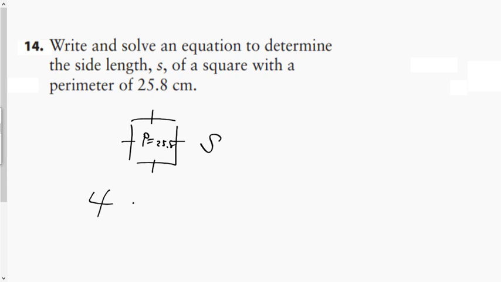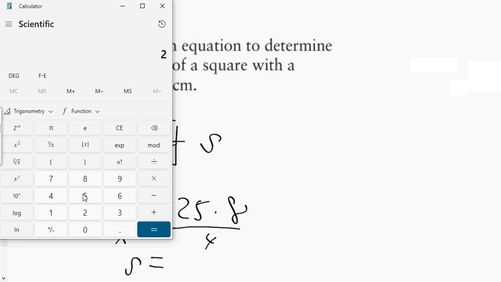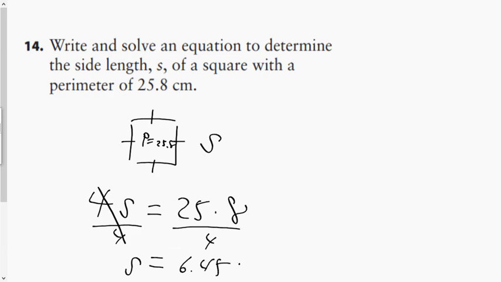So therefore, since I don't know the side length, 4 multiplied by the side length equals the perimeter, which is 25.8. And now I have this beautiful, easy to figure out formula that I could solve by simply dividing both sides by 4 to determine that the side length of said square is the perimeter divided by the 4 sides, which tells me the side length is actually 6.45 centimeters.